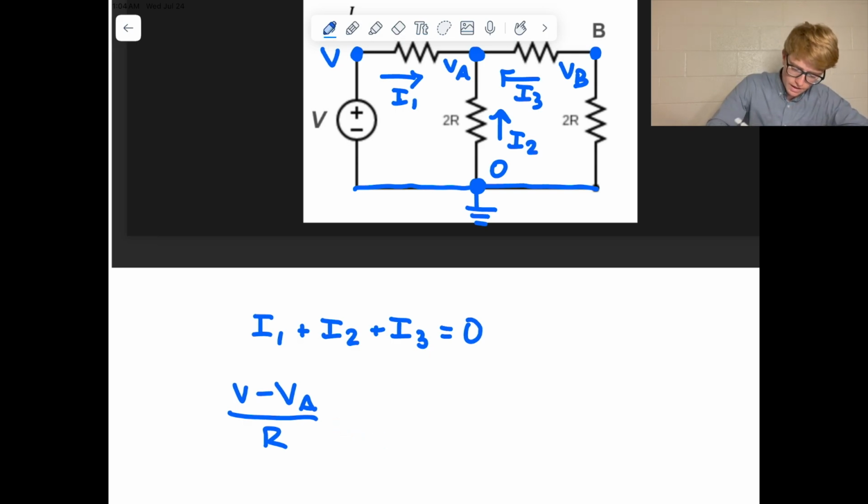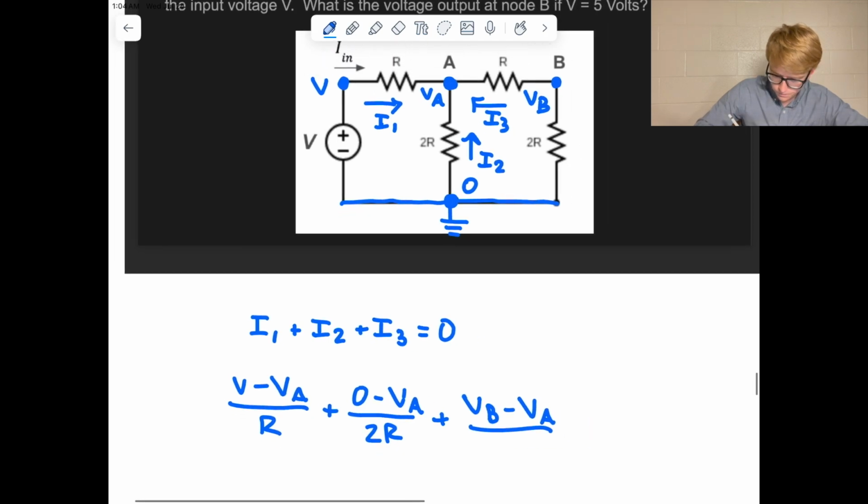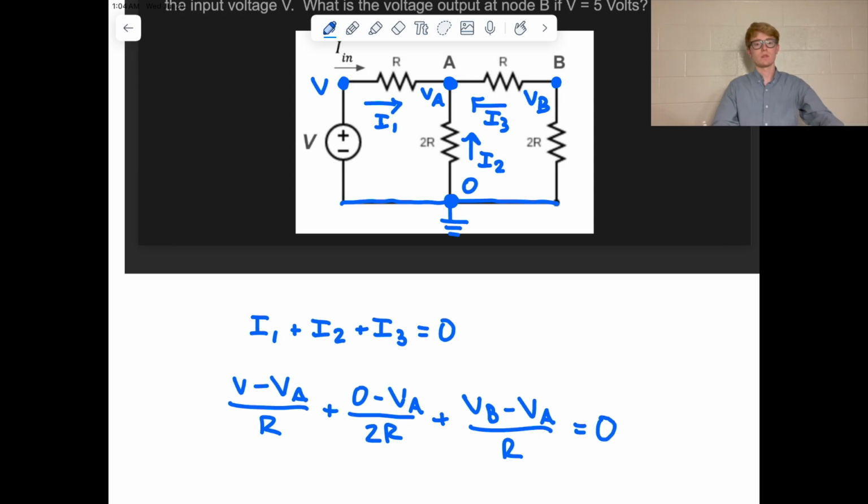So let's just write that out for each of them. So that's I1 plus, let's write out what I2 would be. So I2 is going to be 0 minus VA over 2R. And then I3 is going to be VB minus VA over R. And that all gets summed to 0.